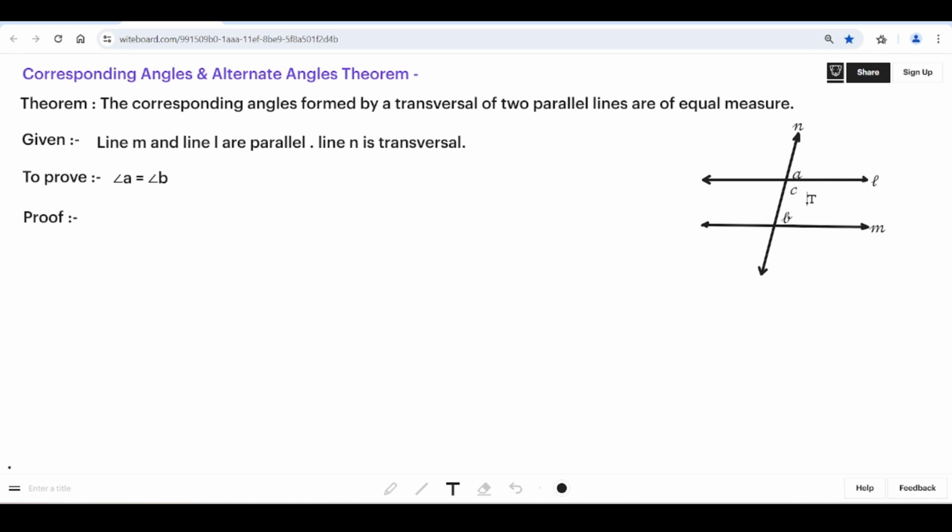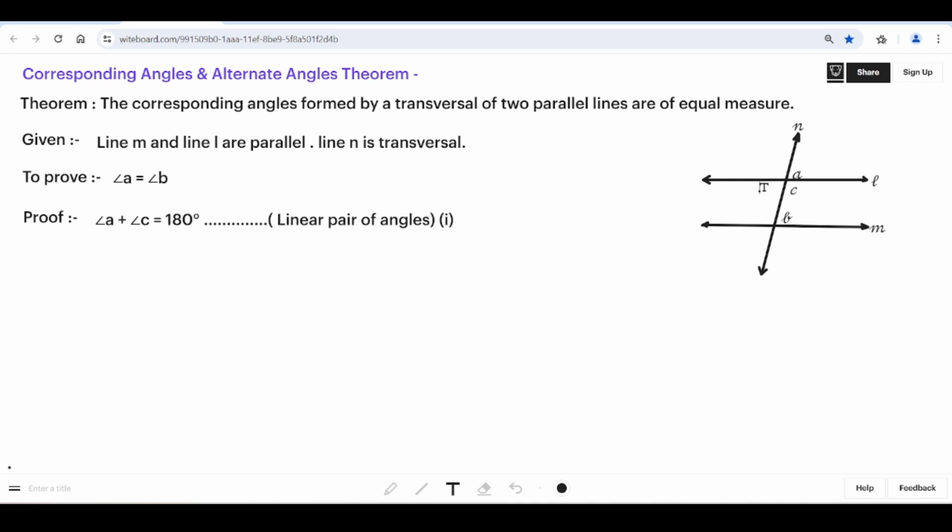You can see in the figure that angle A and angle C have a common arm of the line L. Therefore, they are in a linear pair. Therefore, we can say angle A plus angle C is equal to 180 degrees. Right? This is from linear pair of angles. We will give it the name equation 1. Now, secondly, you can see that angle C and angle B are the interior angles, right?